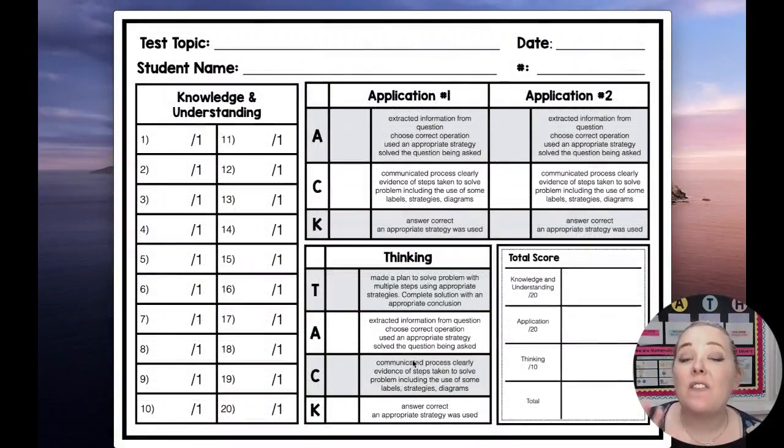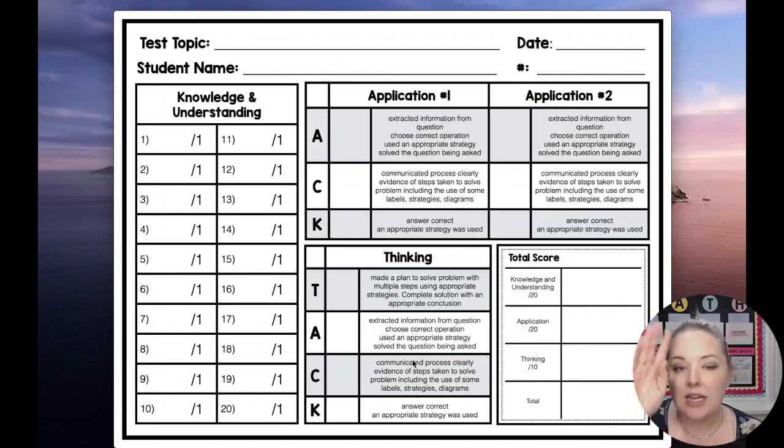And finally, my favorite thing to do when marking a math test is to come up with a scoring guide. This is the one pager, if you will, that I use that allows me to score each test. So I have their test on one side and this page. It allows me to just work through these questions and see what their score is and looks at what I need to mark.